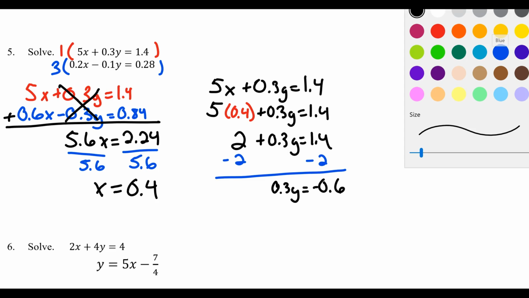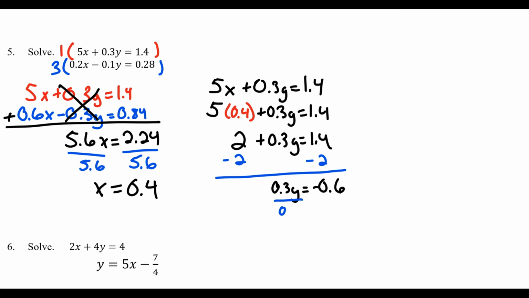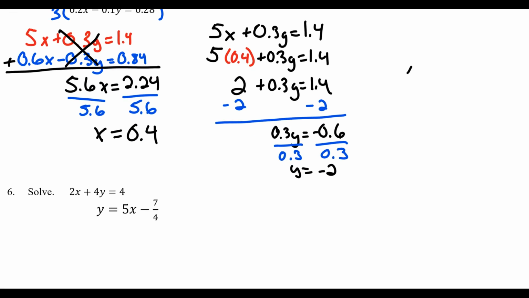I still need to get y by itself, so I'm going to divide both sides by 0.3, which will give me that y is equal to a negative 2. So therefore, 0.4 comma negative 2 is a solution for this set of equations.